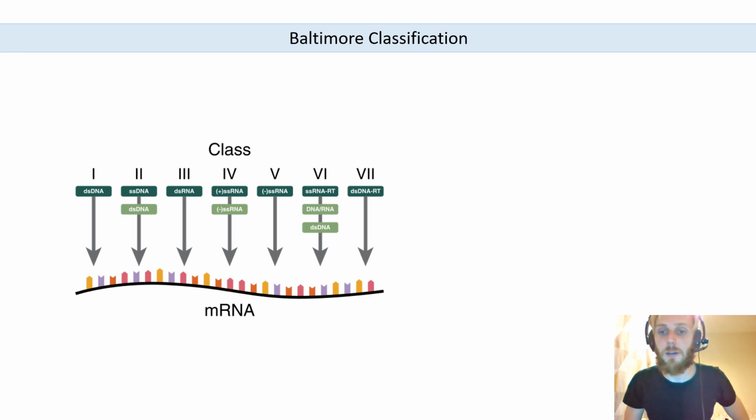Same for genome replication. The way these viruses replicate their genome, so make copies of their genome, is completely different to the other viruses, just because there's reverse transcriptase involved. So again, a little bit vague, but hopefully I'm explaining the principles of how the classification works.